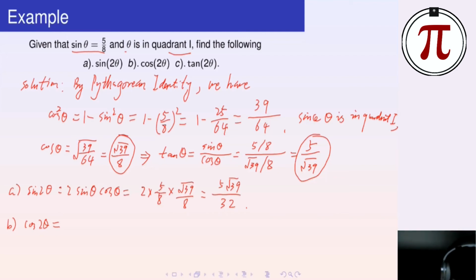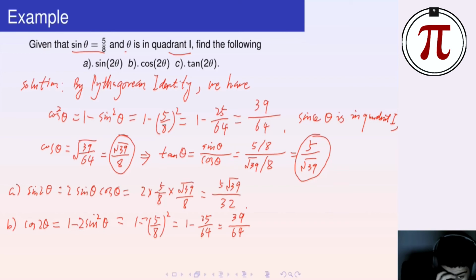Now let's just use another one, for instance, 1 minus 2 sine square theta. Sorry about this, it is 1 minus 2 sine square theta, not just 1 minus sine square theta. Okay, sorry.